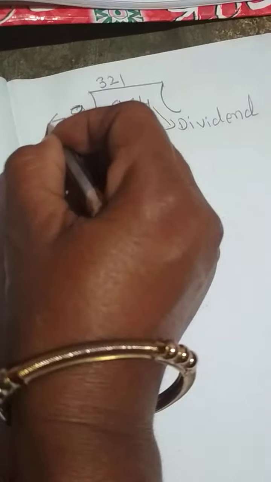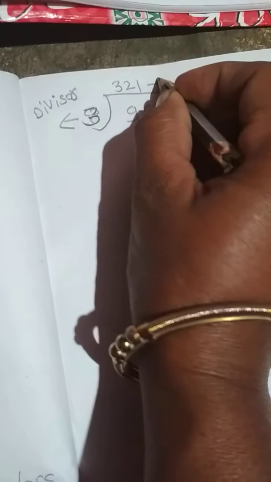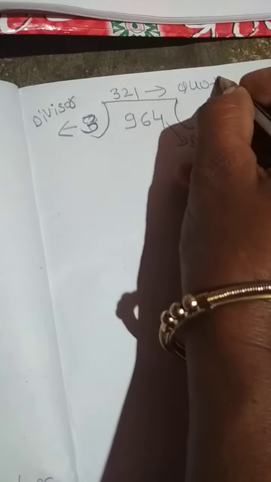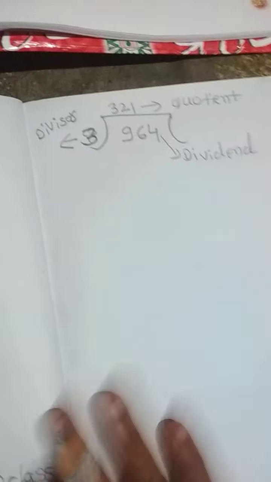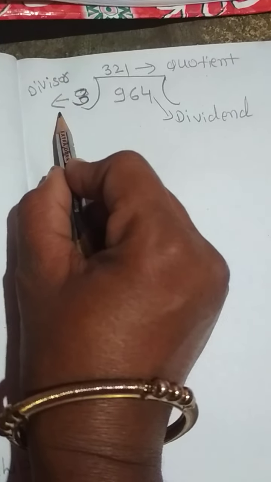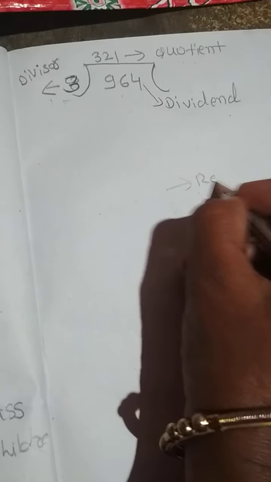This one is the divisor. And this answer is called the quotient. The division answer is called the quotient, this one is the divisor, and this one is the dividend. And when something is left at last, that is called the remainder.